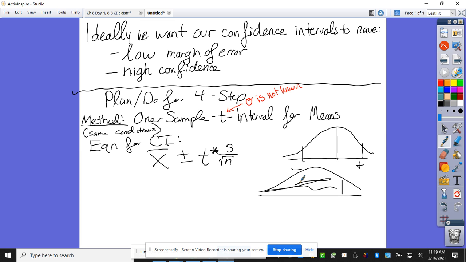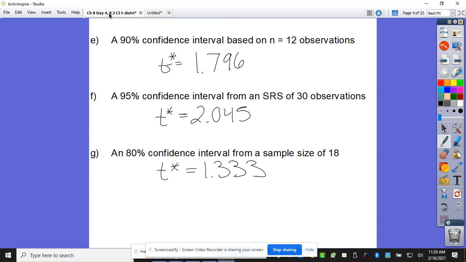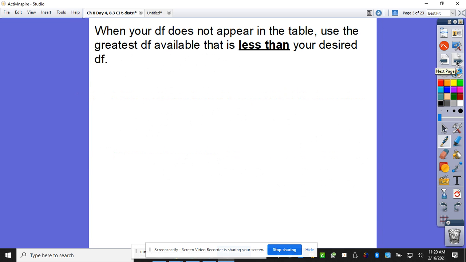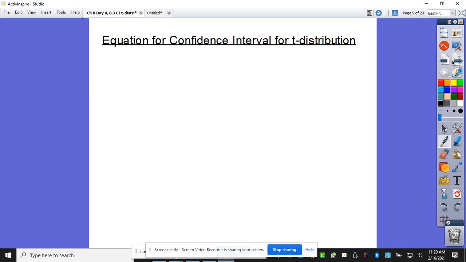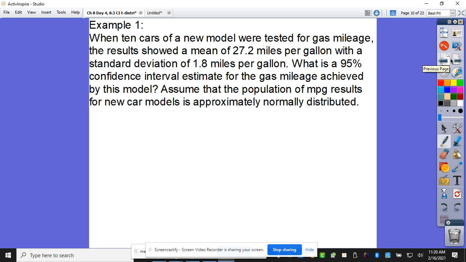Alright, so let's just talk through a problem all the way and not do it until tomorrow. So example 1. See if I have it pulled up, we can mark through it as we go. When 10 cars of a new model were tested for gas mileage, what's important there?